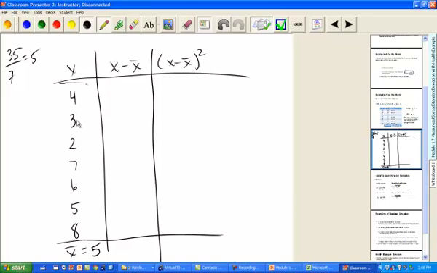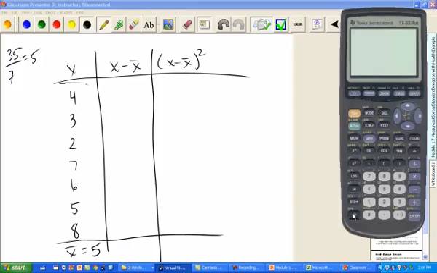Okay, so that's the first step, is that we find the average. We can double check that by going 4 plus 3 plus 2 plus 7 plus 6 plus 5 plus 8. Divide by 7. We're good.